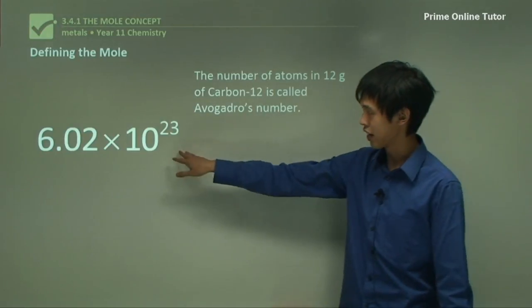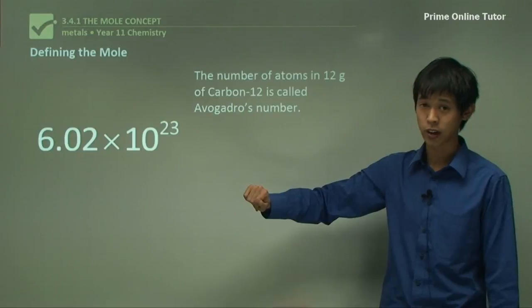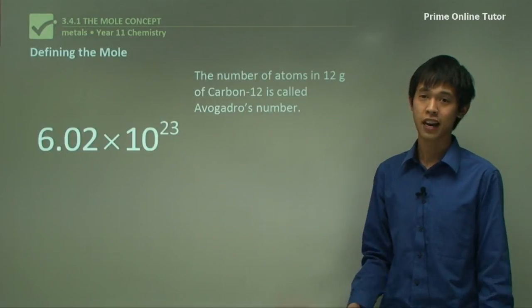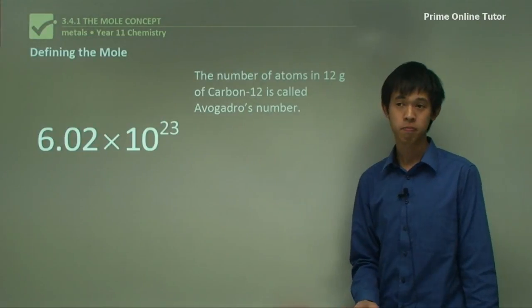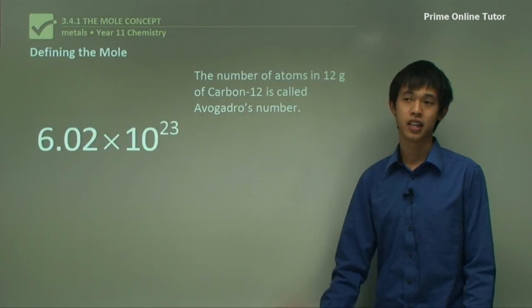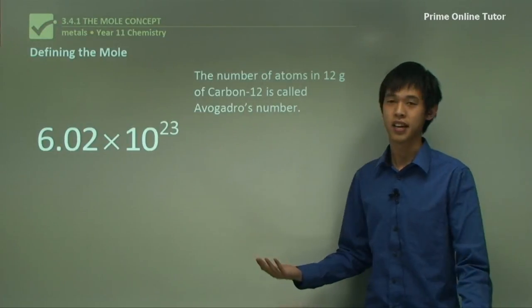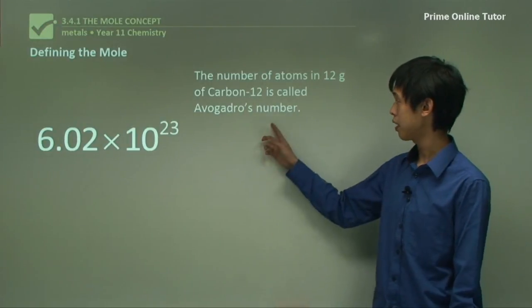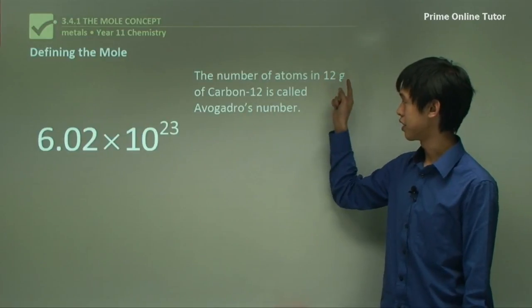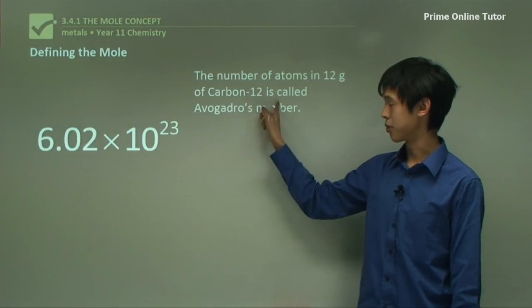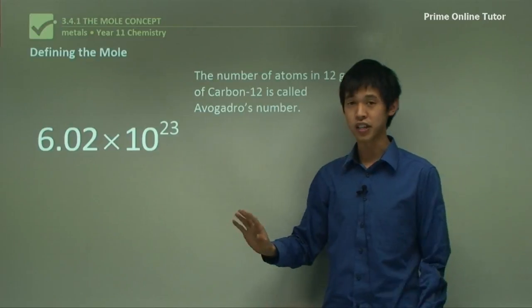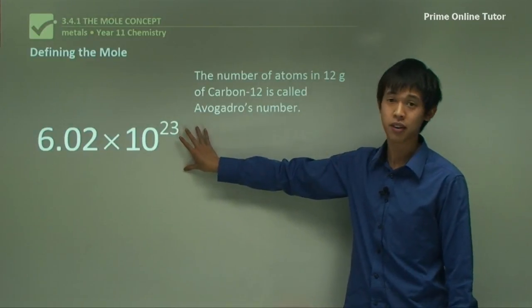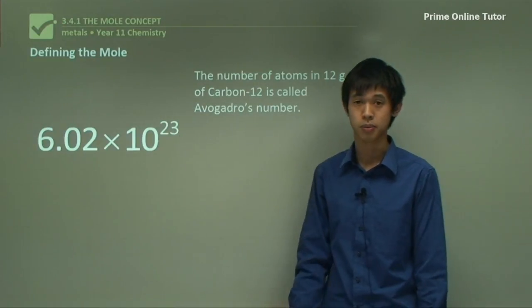So this particular number, 6.02 times 10 to the 23, is also called Avogadro's number. Okay? And he was one of the first people to study the mole, and that's why that number is named after him. So remember that it's 12 grams of carbon-12, and it's this number. But in general, all you have to do is remember this number, and that will tell you how many moles of a particular substance you have.